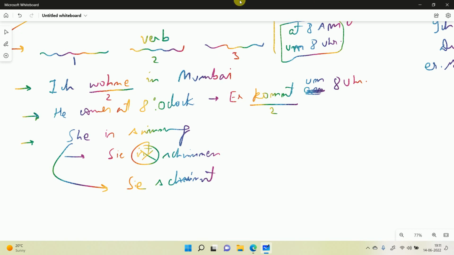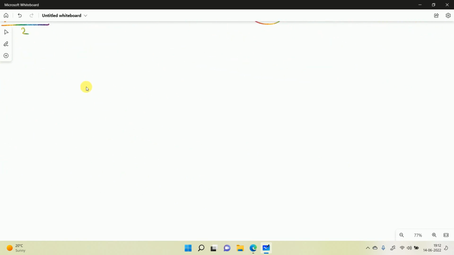So again, the word structure is very simple here. Sie schwimmt. Again, the verb is at second position. Then I would now request everybody, all four of you, to make simple sentences.